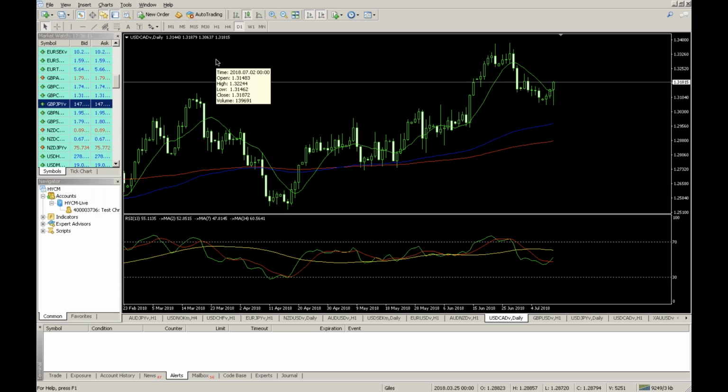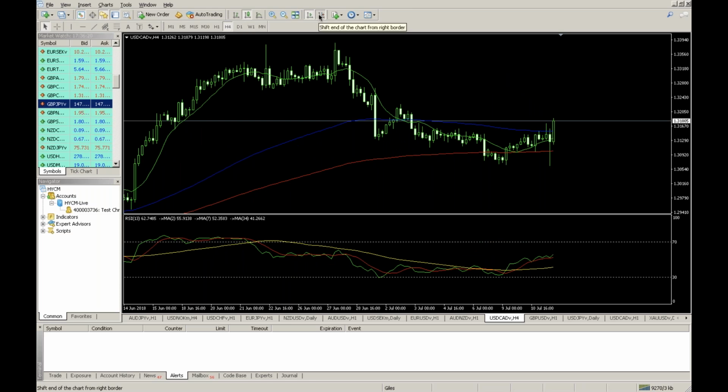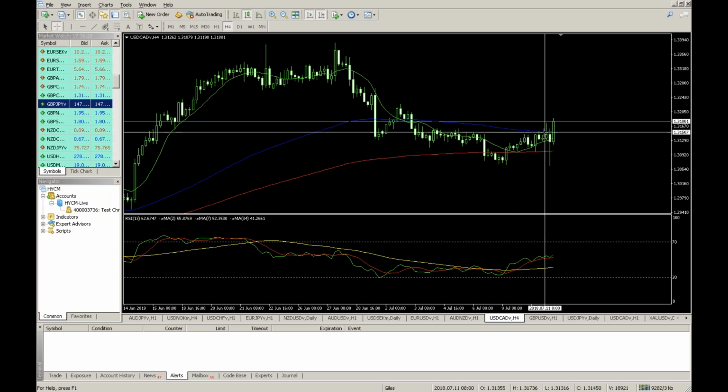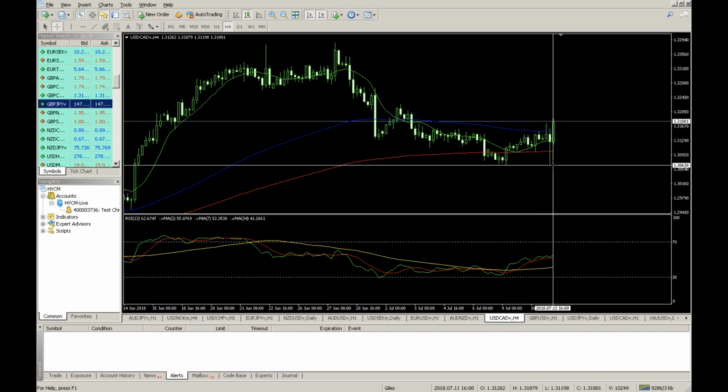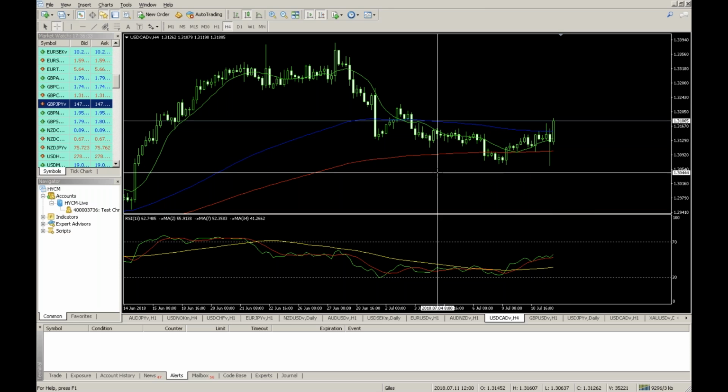But the data was so good that people thought it's actually most likely that the Bank of Canada is going to raise interest rates. So as I said, a beginning trader would see this and be really confused, because the Bank of Canada has increased their interest rates today, yet price has done the opposite of what we would expect.